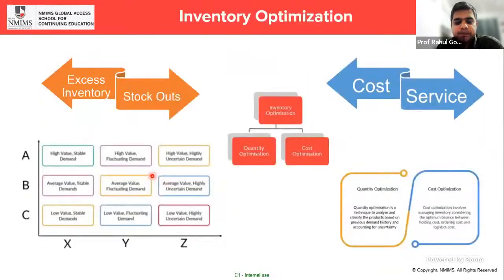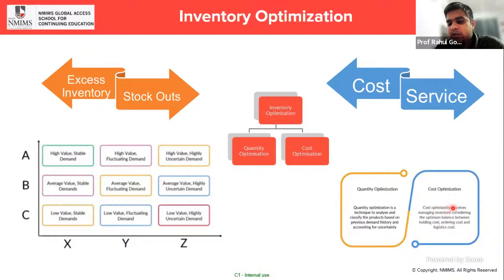Like I said, inventory optimization is about how much quantity to hold and where to hold. And when we talk about cost optimization, it is how much to order and when to order. Quantity optimization is a technique to analyze and classify products based on previous demand history, accounting for uncertainty and taking certain calls around safety stock.